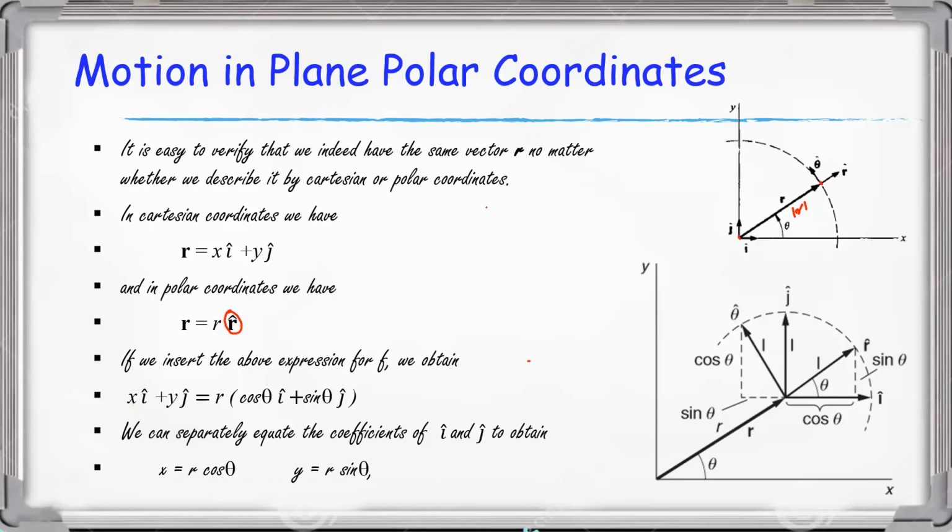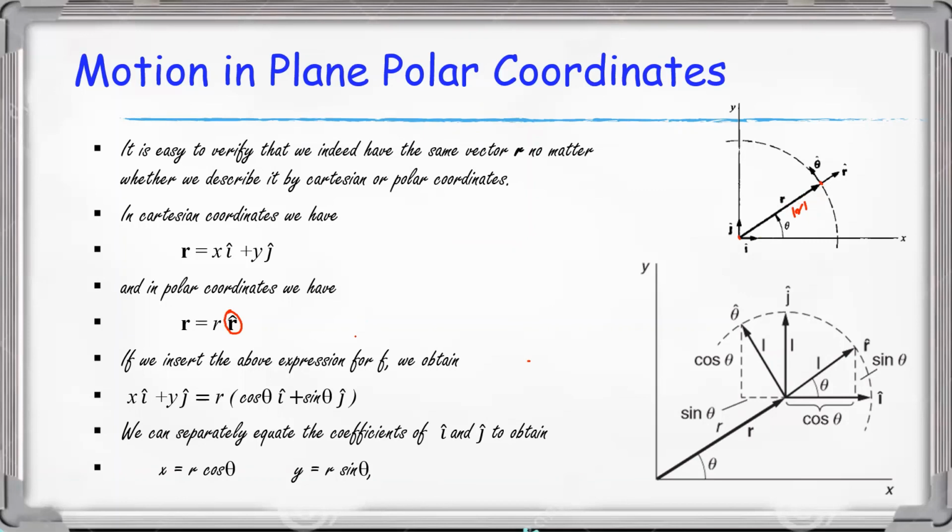From the figure, it is clear that this is y and this is x, then x square plus y square must be equal to r square using the Pythagoras theorem.